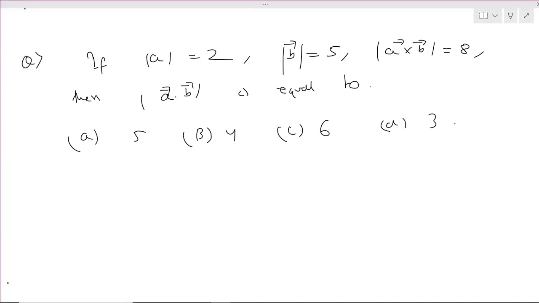Then you have to find mod A dot B. Okay, 2 minutes for this. This question is from JEE Mains 2021.